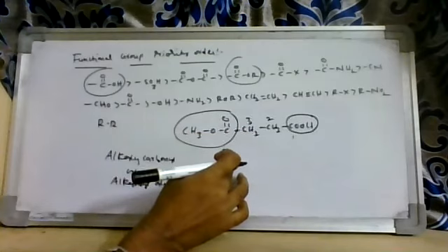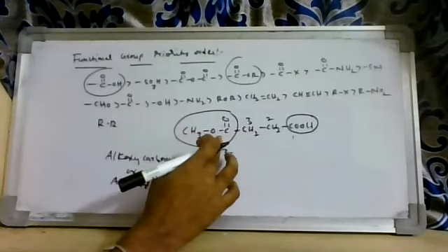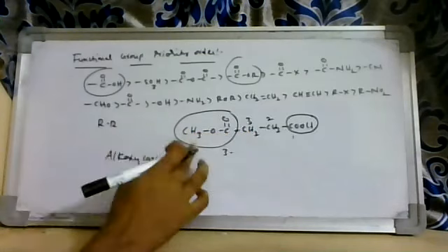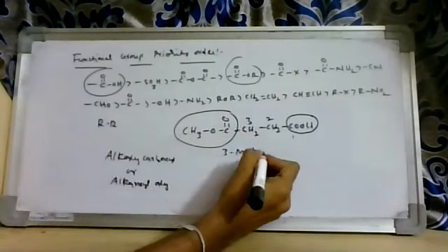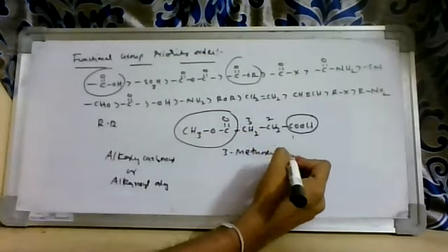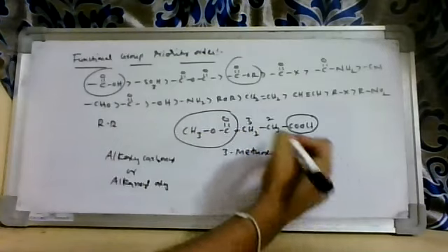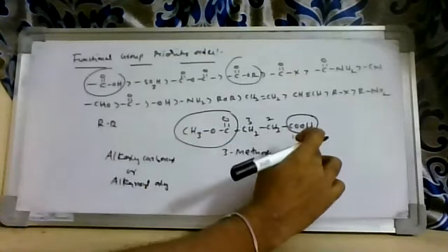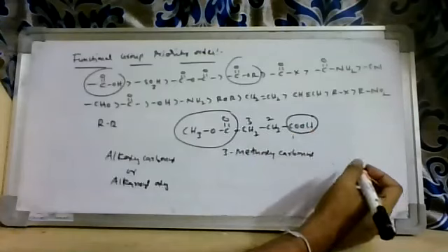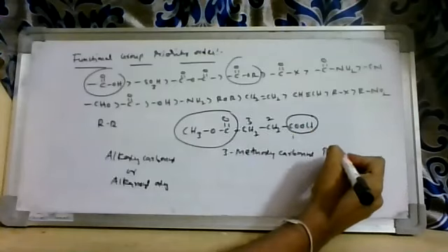First I write number and hyphen. So CH3 O C double bond O means alkoxycarbonyl, so 3-methoxycarbonyl. How many carbons in main chain? 3 carbons, so propane, and COOH is oic acid. So 3-methoxycarbonylpropanoic acid.